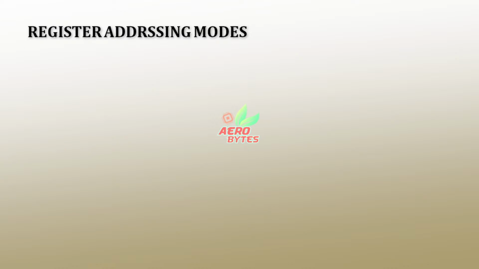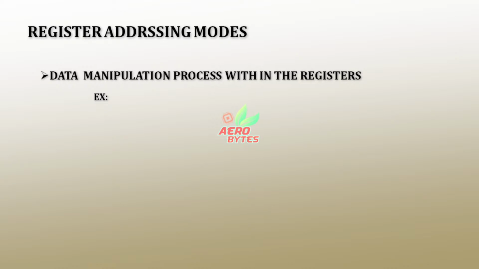Register addressing mode. In this addressing mode, data manipulation between the registers is known as register addressing mode. MOV R0, A; MOV A, B. Here we are not bothered about the R0 content and the accumulator content; we directly process through the registers.